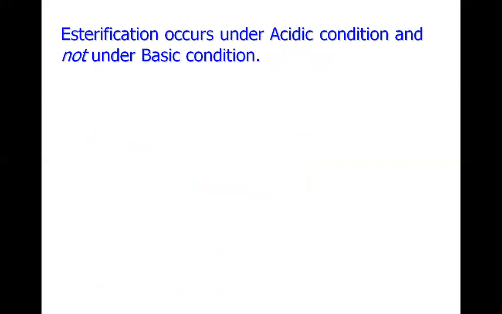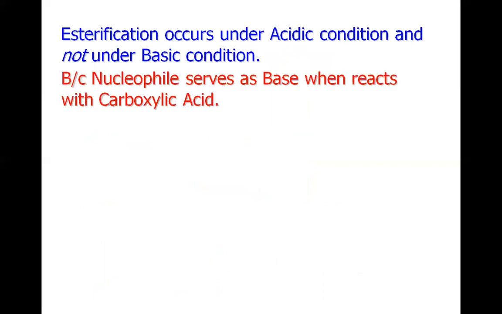So we know that it happens because the nucleophile serves as a base when reacting with carboxylic acid. If we were considering the base catalyzed hydrolysis of ester, yes, this hydroxide was attacking this carbonyl, and after the tetrahedral intermediate formation, we were having the departure of this alkoxy.